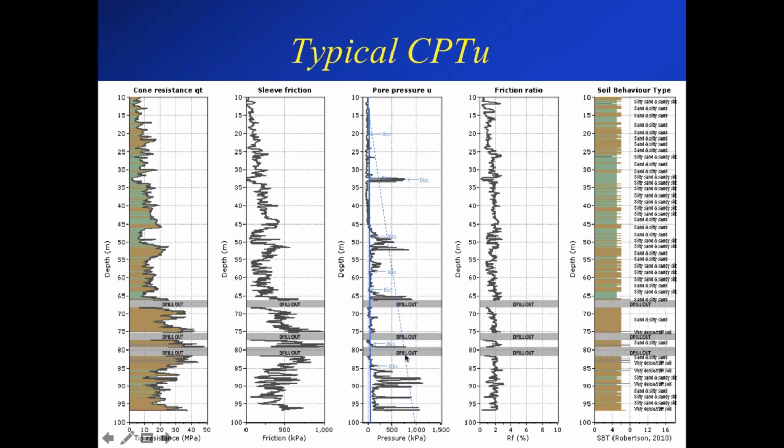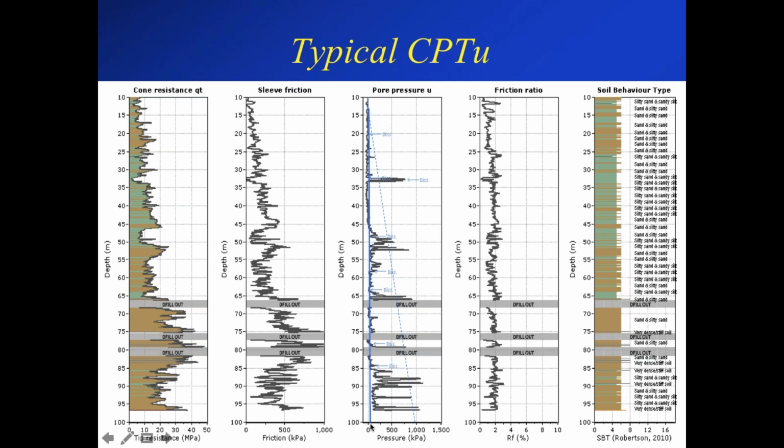And also notice I've shown a dashed line that would show the hydrostatic line if the water table was at the ground surface and it was hydrostatic, and you can see a number of dissipation tests are identified here, and all of them dropping down pretty well close to zero. The solid blue line shows a simplified linear equilibrium with a very small head down at sort of 100 meters depth.